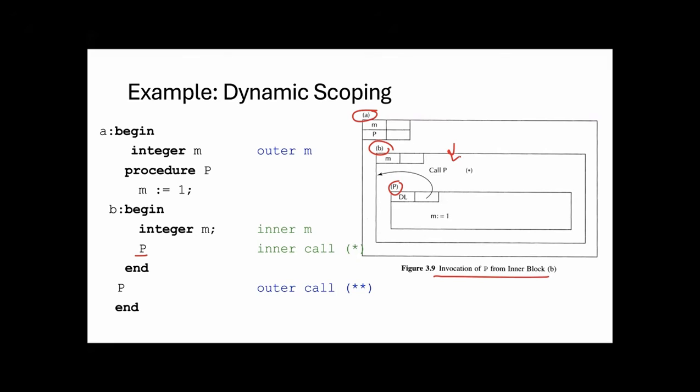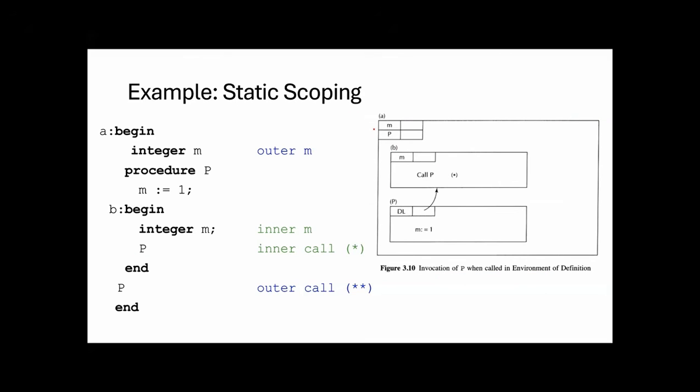Wherever P is called, that is where P maintains its names. So the M that we're using here refers to the closest M, not the one in the outer block. That's dynamic scoping.